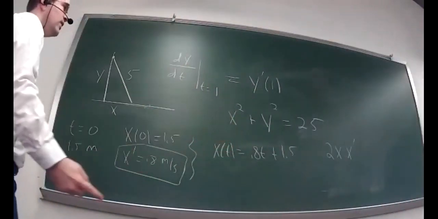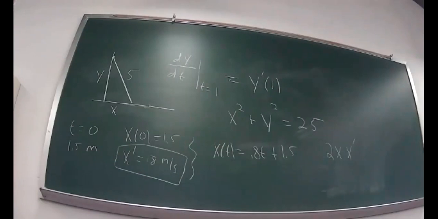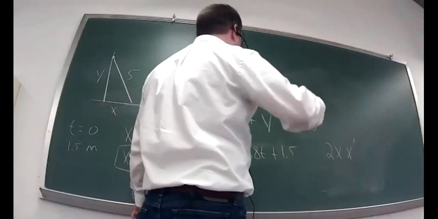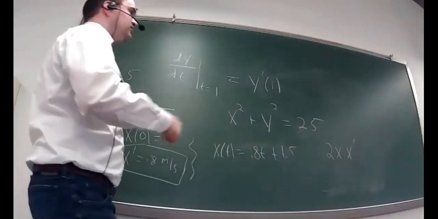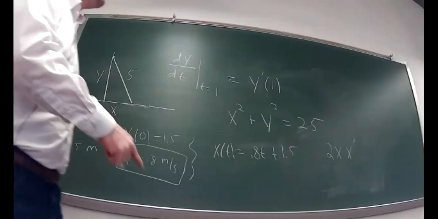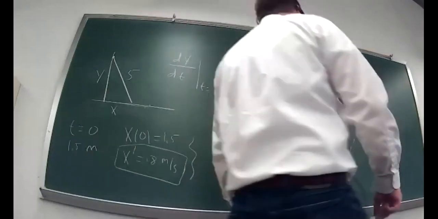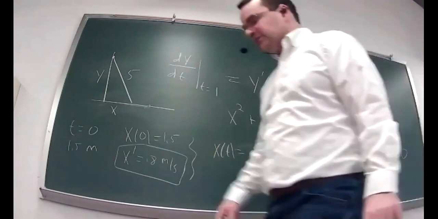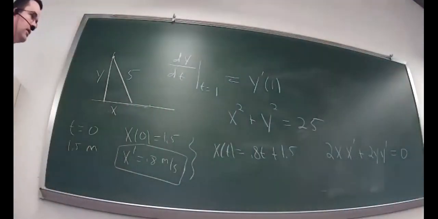You've got x squared. So the derivative of x squared with respect to x is 2x, but the derivative with respect to t is 2x times x prime. And the derivative of y squared with respect to t would be 2y times y prime. And that's all equal to 0 because the derivative of a constant is equal to 0.